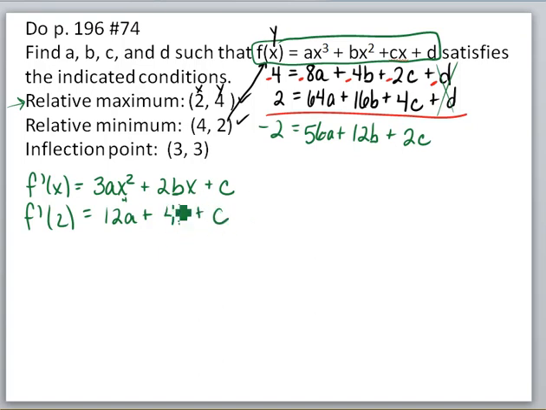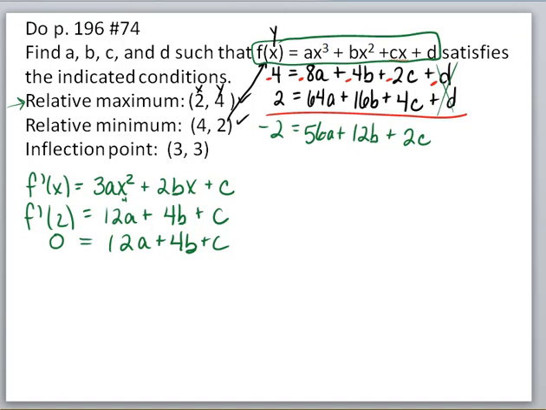Well, what does this actually equal? Because I know that it is a max, and that maxes have the derivative equal to 0, I now have an equation of 3 variables. And what I'm going to be able to do is match that up with this other one and solve both simultaneously.